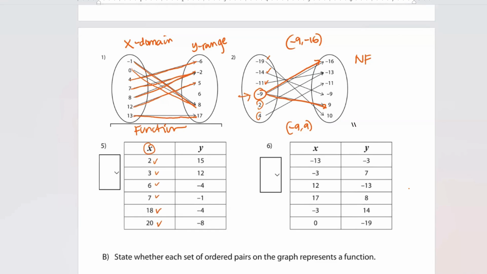All of them are single numbers, I mean, not repeated. So this is a function. Now question number 6. Investigate the value of x: negative 13, negative 3, 12, 17, negative 3. So negative 3 is repeated twice. So this is non-function.